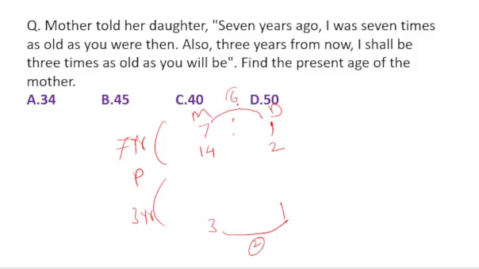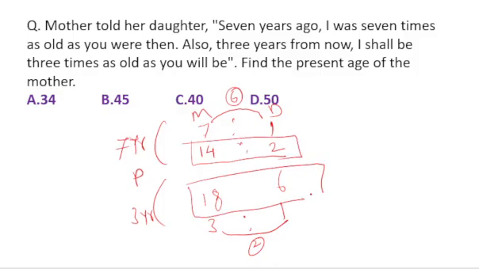The gap is 6 for the first, and 2 for the second, so we multiply 7 to 1 by 2 to get 14 and 2. The gap is 6, and this 6 is multiplied with the after-3-years ratio: 6 3s are 18 and 6 1s are 6. So we get two new ratios, 14 is to 2 and 18 is to 6, and the gap between them is 4.